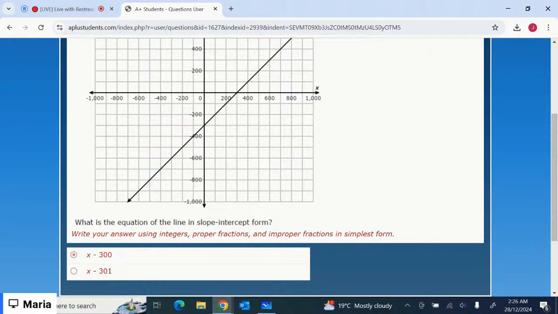The correct option is that is y equals x minus 300. Option number one is the correct option.